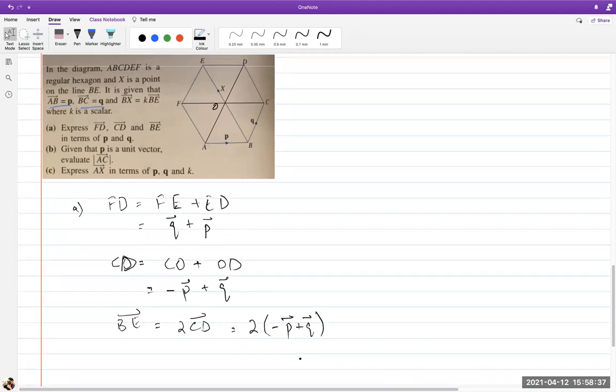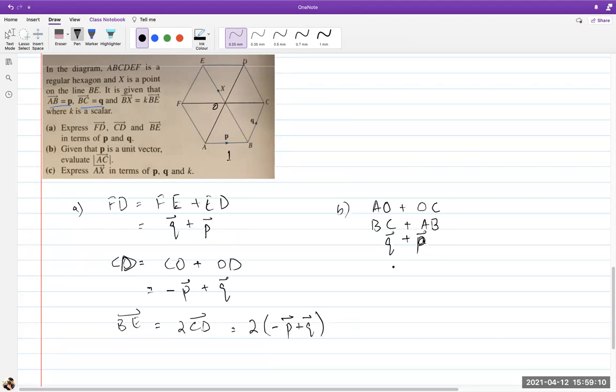We know that P is a unit vector, so the length of AB is 1. So evaluate AC. Going from A to C, I can go from A to O and then from O to C. AO is just like BC and OC is just like AB, so I'm just replacing them: BC is Q and AB is P. And I know it's a regular hexagon.